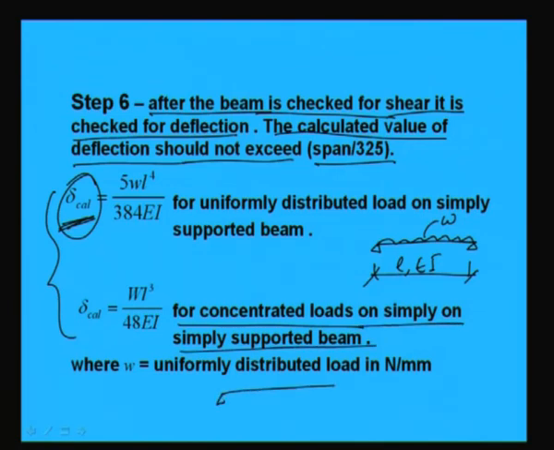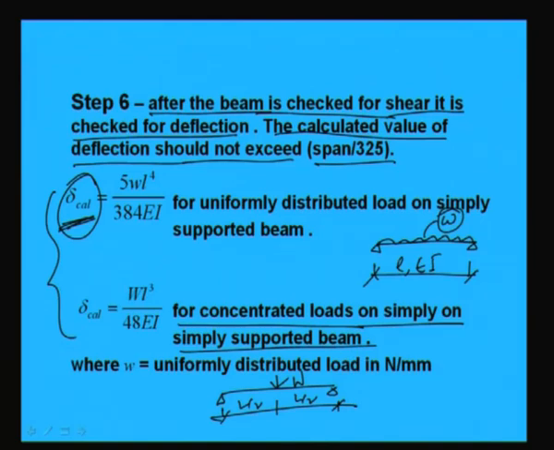If a concentrated load is applied on the simply supported beam at the mid span, then the maximum deflection will come as WL cube by 48 EI, where W is the concentrated load. Here remember this small w is the uniformly distributed load, that means load per meter run or per unit length, right.